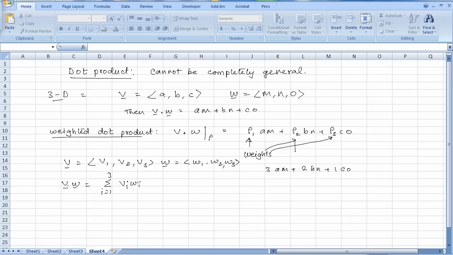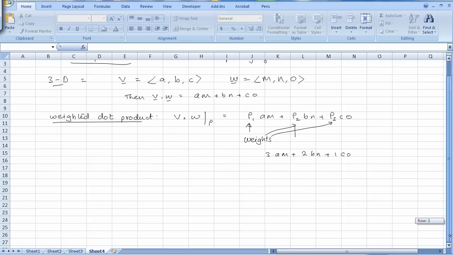And of course, I don't have to do 3. I can do a column vector with 20 elements, and I can do a dot product. In fact, in many cases we do that, especially when you're computing grades. I have columns and columns of all your different exams, and then I weigh them differently and take an average. Averaging is closely related to dot products.